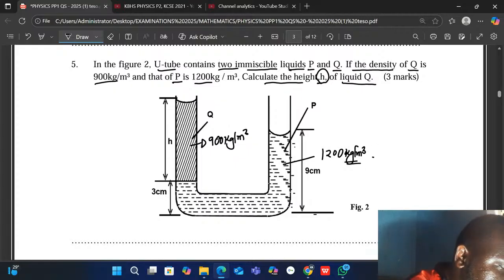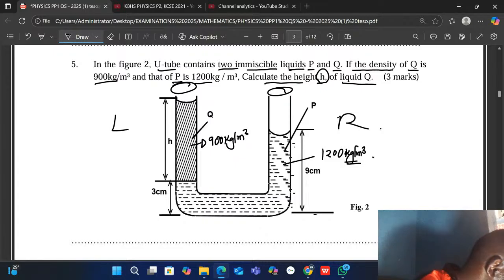Then if you look at this one, both ends are open, so it means that a common atmospheric pressure will be acting. Then pressure on the left arm will be the same as the pressure on the right arm.